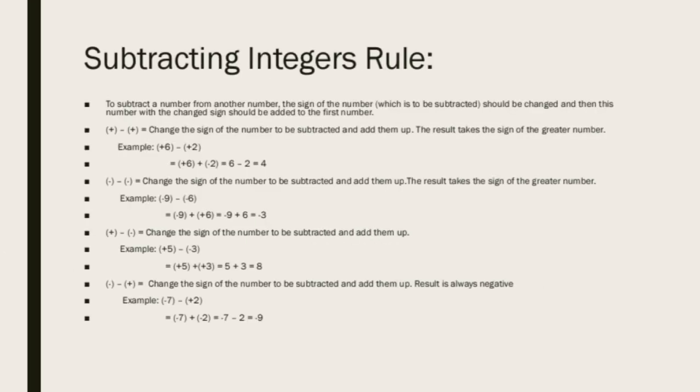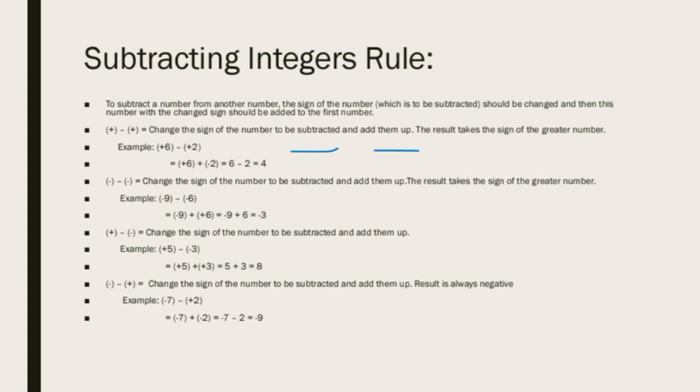Subtracting integer rules. To subtract a number from another number, the sign of the number should be changed, and then this number with the changed sign should be added to the first number. Positive integer minus positive integer: change the sign of the number to be subtracted and then add up.